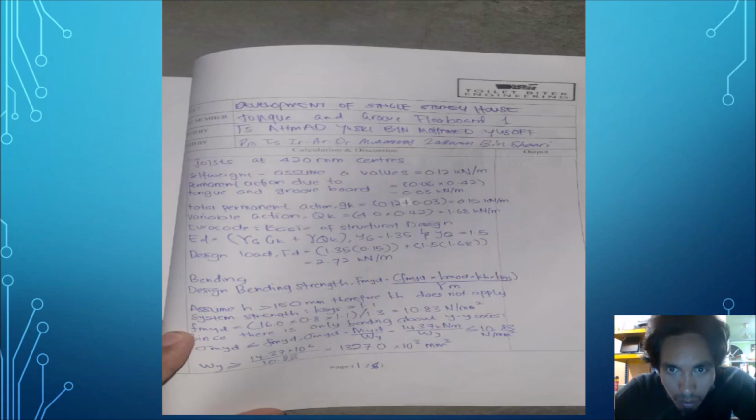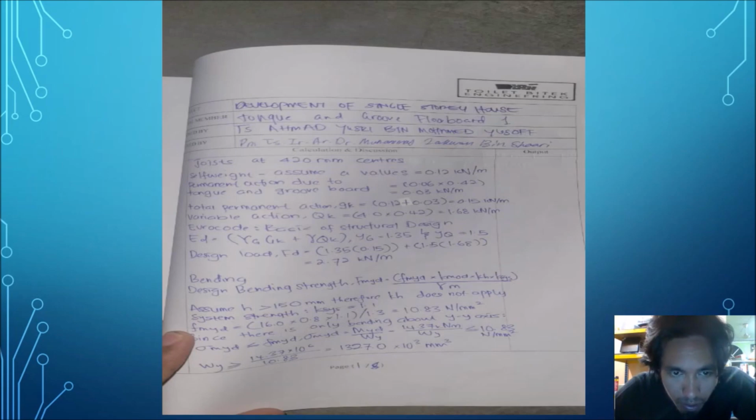Untuk nilai Gk kita dapat 0.15 kN per meter. Untuk nilai Qk kita dapat 1.68 kN per meter. Kita menggunakan kod basic of structure design dengan rumusan gamma G Gk tambah gamma Q Qk, kita akan dapat design load Fd sebanyak 2.72 kN per meter.